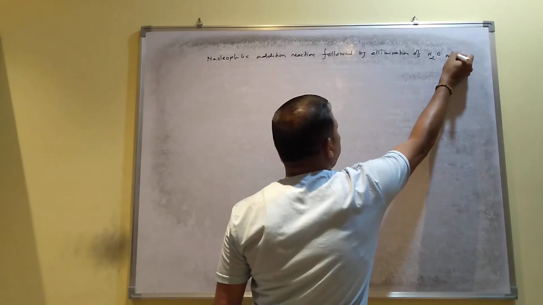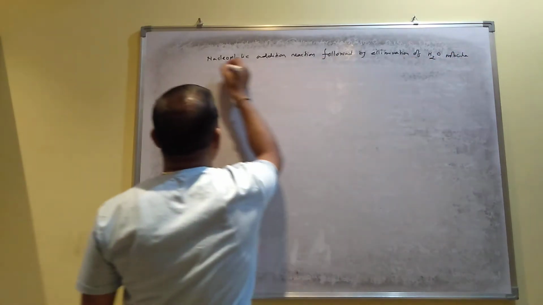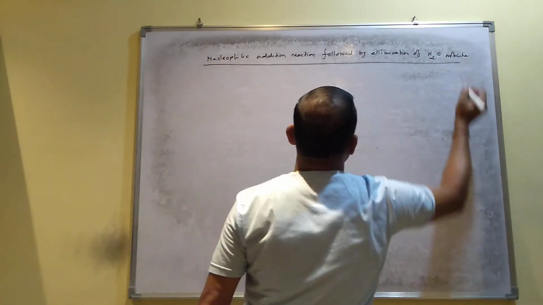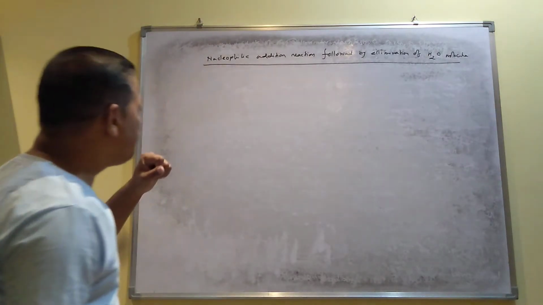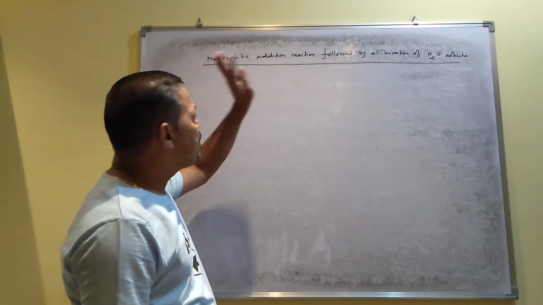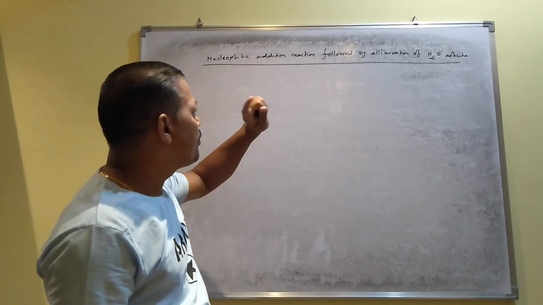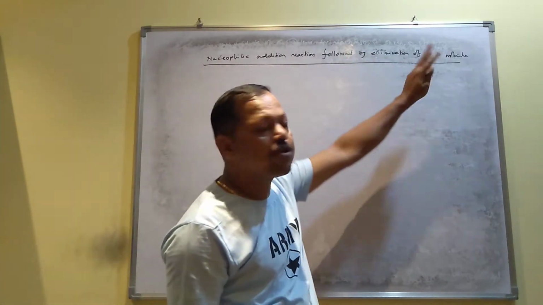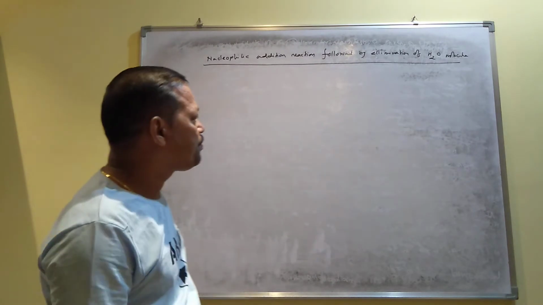This is another type of reaction which is shown by aldehydes and ketones. Yesterday we did only the nucleophilic addition reaction. Now this is also a nucleophilic addition reaction, but here elimination of a water molecule takes place.